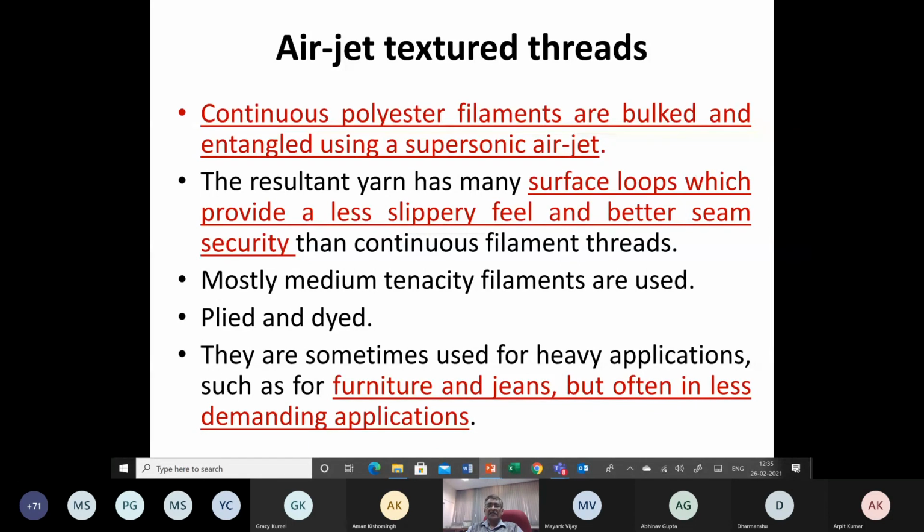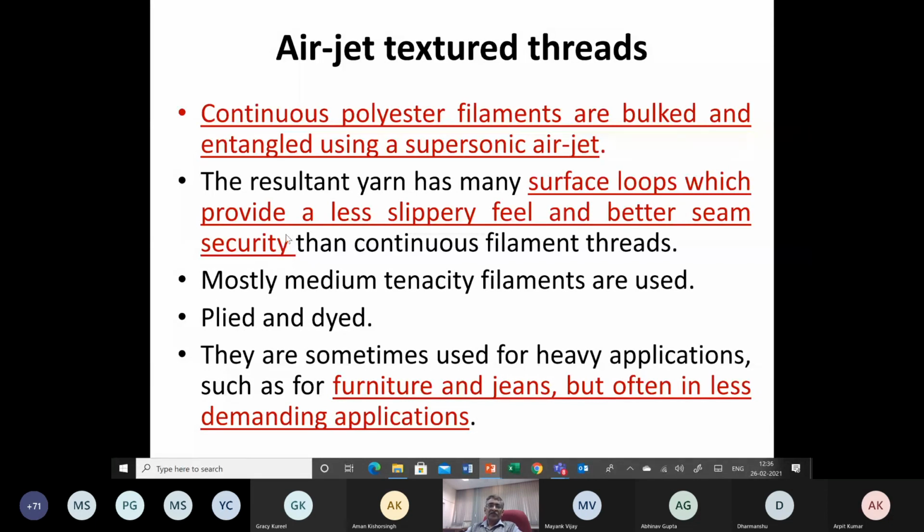The air jet has the characteristics of non-uniformity, turbulence, and supersonic speed. When the filaments pass through this air stream, they move laterally and try to form loops on the surface of the yarn, and that gives a slippery feel and better seam security.